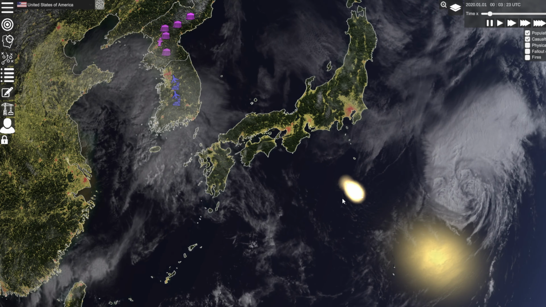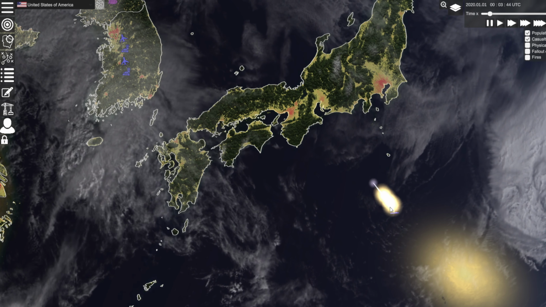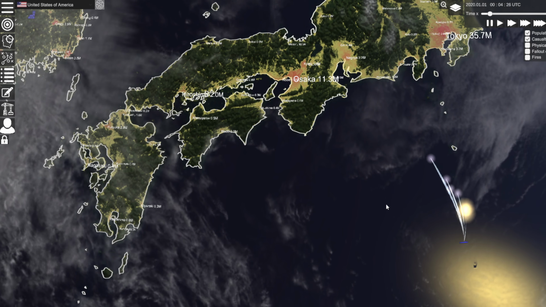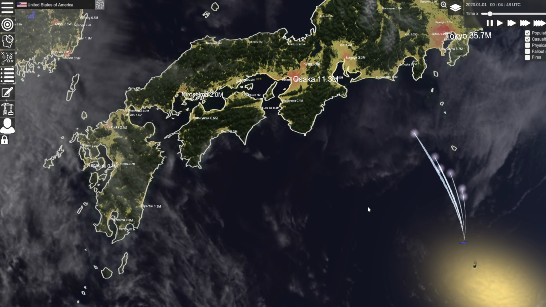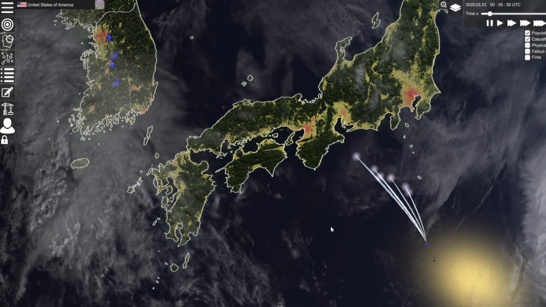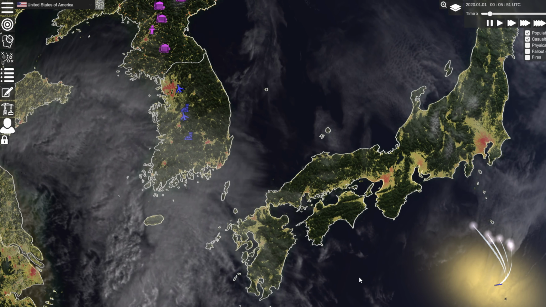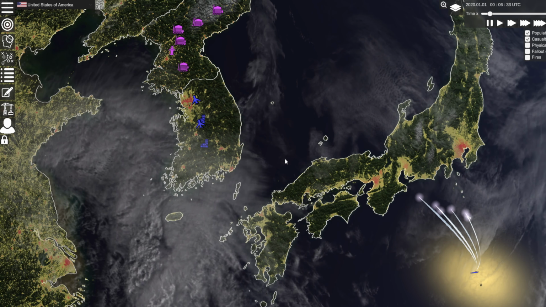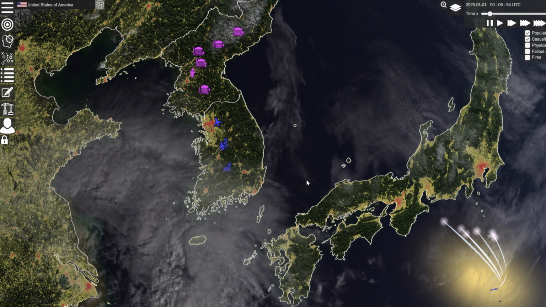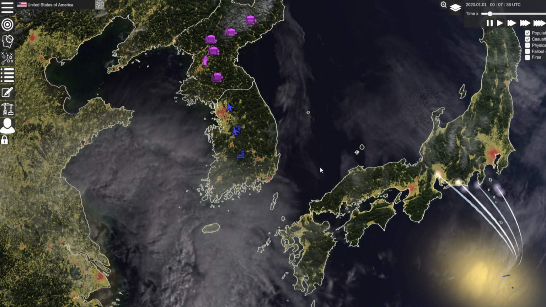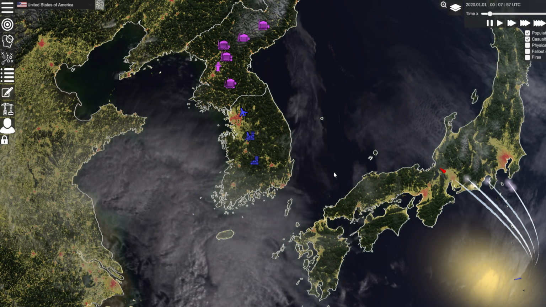Again, this is a ballistic missile submarine that has just fired multiple nuclear warheads against targets in North Korea. And we'll do the damage casualty calculator post-strike just to give you, the viewer, the idea of what a limited nuclear exchange between the United States and North Korea would look like.